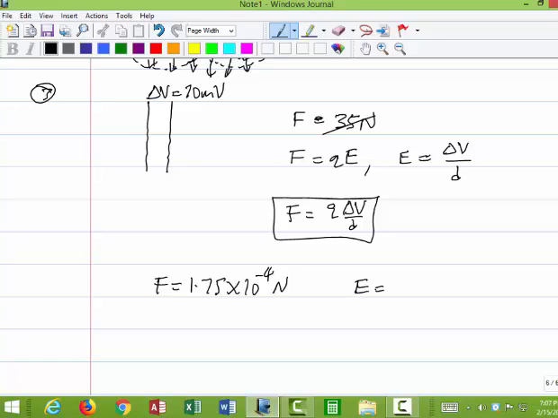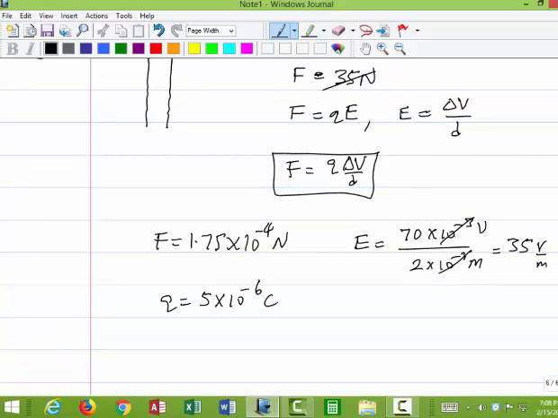E is equal to delta V, which is 70 millivolts, or 70 times 10 to the negative 3 volts. And then you divide that by 2 millimeters, which is 2 times 10 to the negative 3 meters. So the 10 to the negative 3's cancel out, so E is 35 volts per meter.